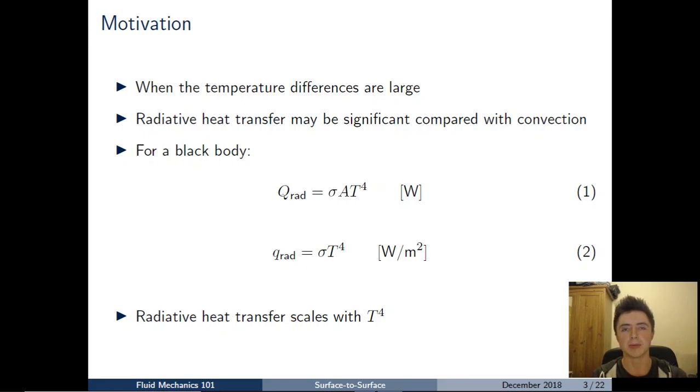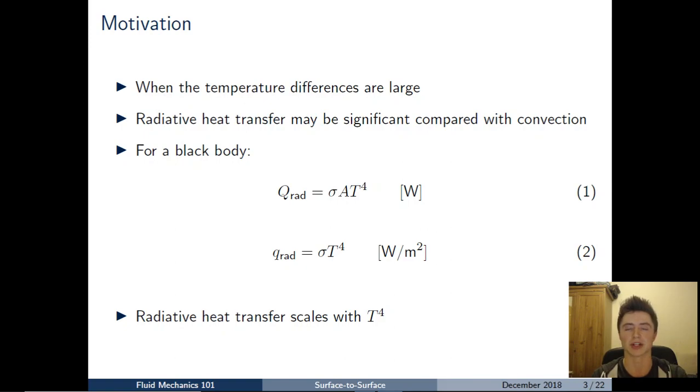So you can fairly accurately neglect radiation in those models. And what happens if the temperature differences are much larger? So what if we have a temperature difference of 100 degrees, 200 degrees, or even more? Well, we may remember back from high school that the radiative heat flux, Q, is given by equation 1. So Q, the radiative heat flux, is given by the product of sigma, the Stefan-Boltzmann constant, the area of the surface, and the temperature to the fourth power.